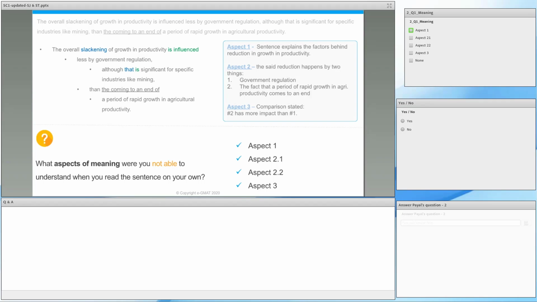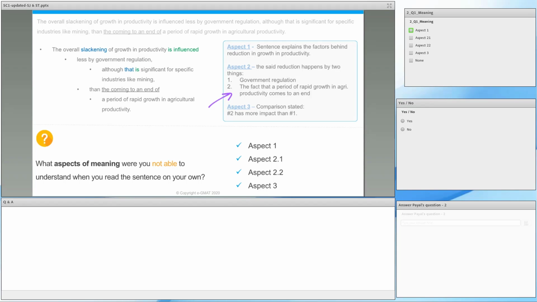And this is really important, to be critical of yourself and be really, really honest and say, okay, I really did miss this part. So I'm seeing the majority of you are telling me that this second one, aspect 2.2, is the most popular.